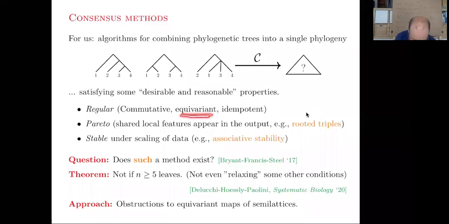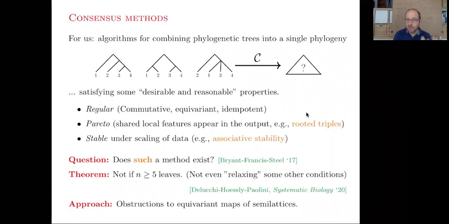this action of the symmetric group gives us a group action on a semilattice, and this Pareto property you could model by saying, well, on my semilattice I have a certain function towards a target semilattice.